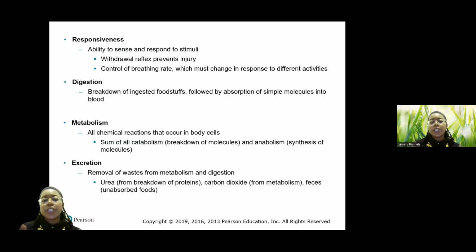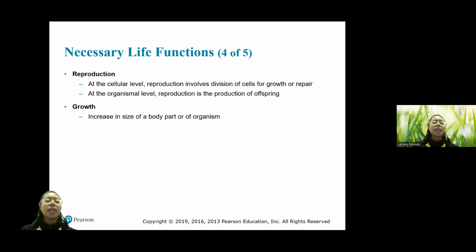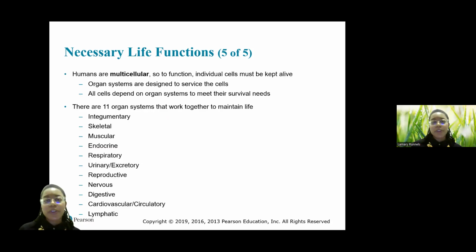The organism has to be able to ingest its food products, metabolize the food that it just digested, and get rid of waste, which is excretion, so that it doesn't build up and become toxic within itself. The organism also needs to be able to reproduce, because you want to continue on with your species. And once you reproduce, the offspring has to be able to grow.